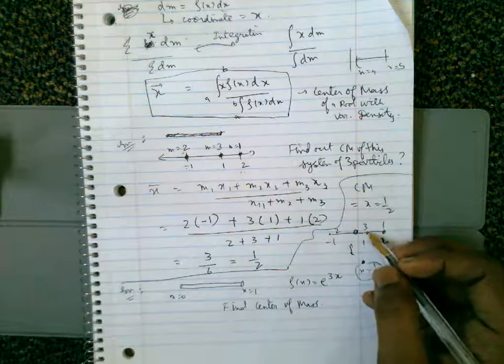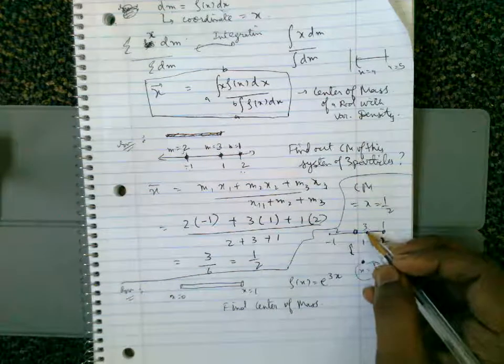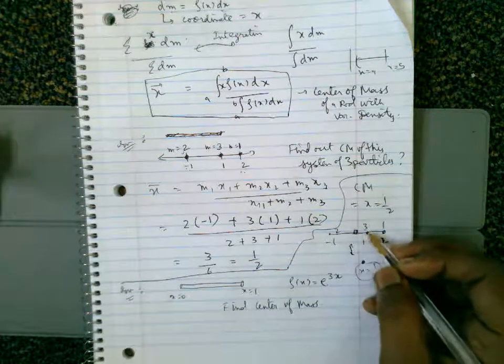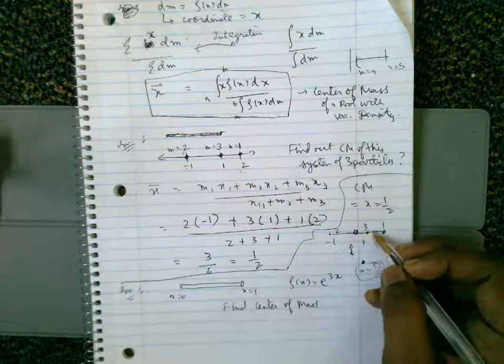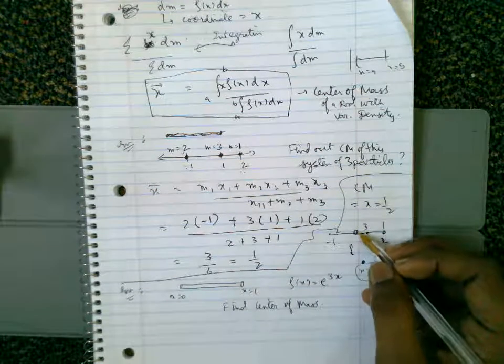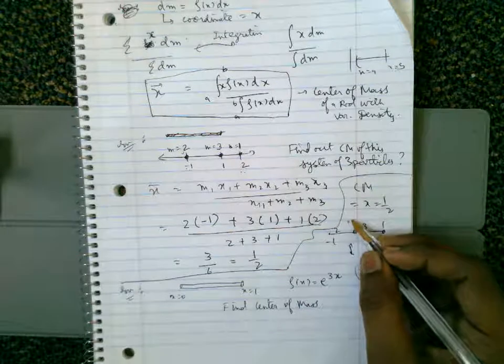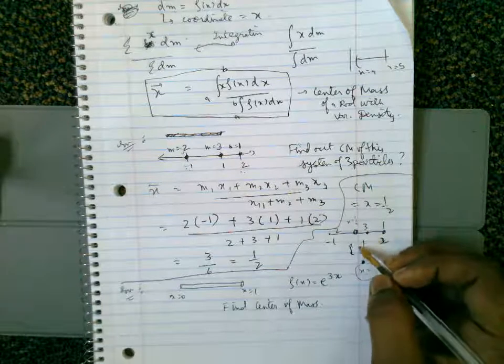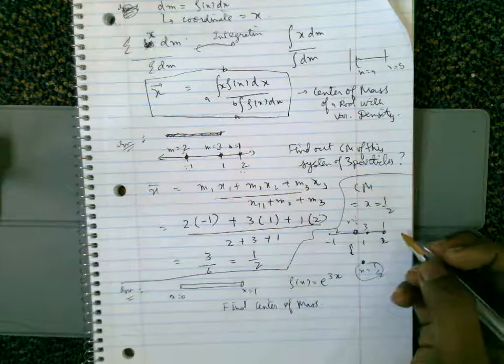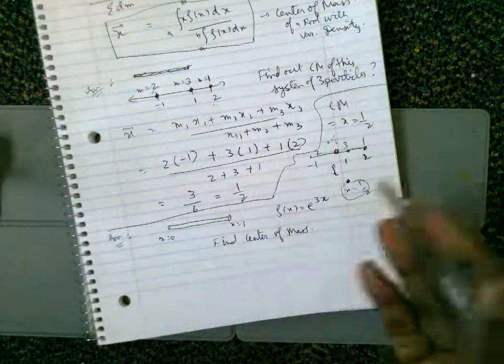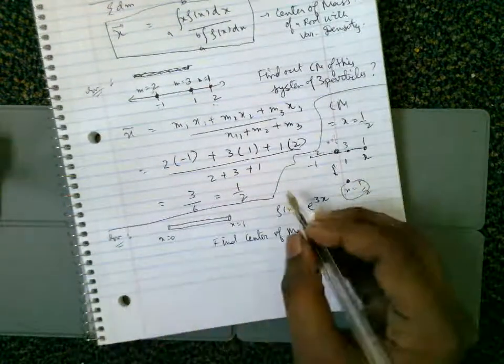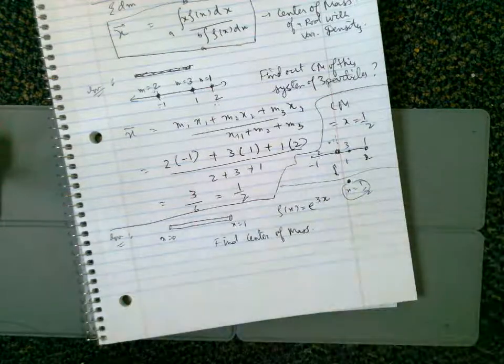Since 3 is the particle with the maximum mass, the center of mass will be closest to that point. So x equal to half is in fact closer to 1 than to the others. It of course depends on the distance, but that is what is generally true.